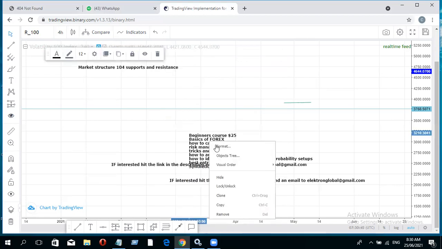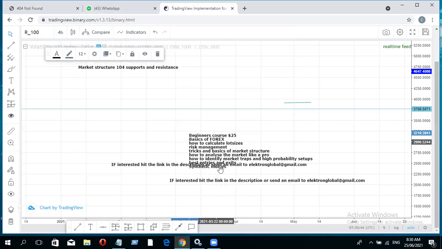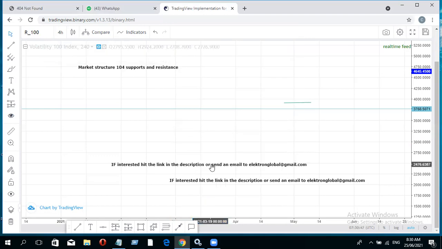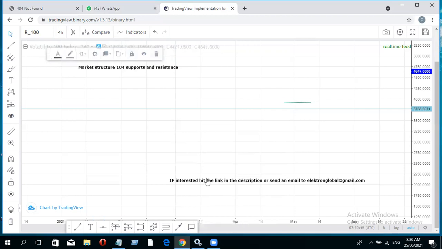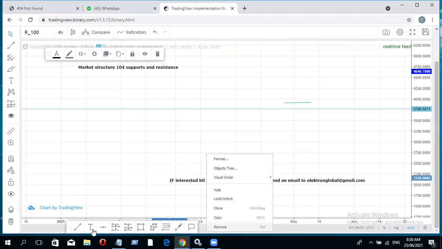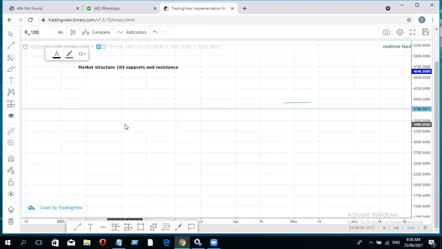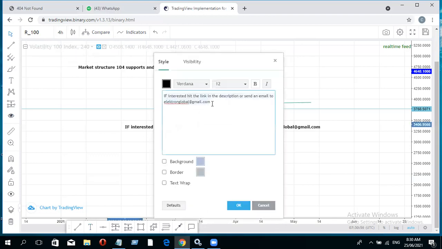So let's go to the topic for today. Today we're talking about support and resistance. A support is where buyers took over the market.